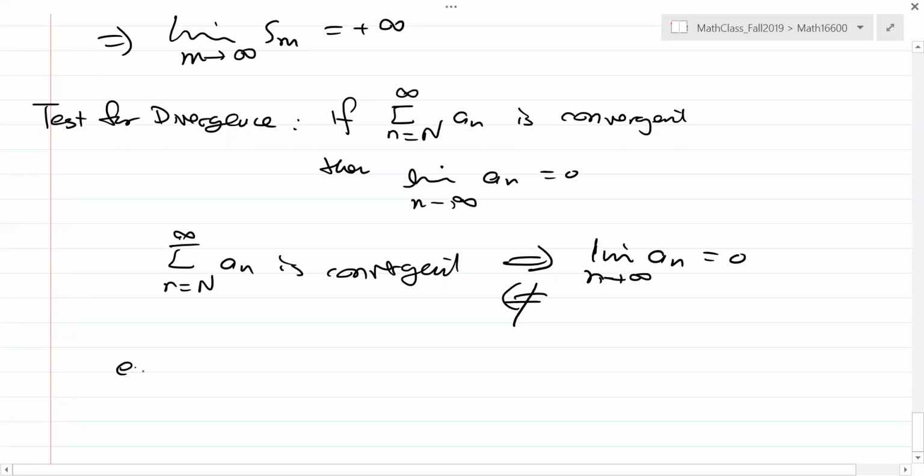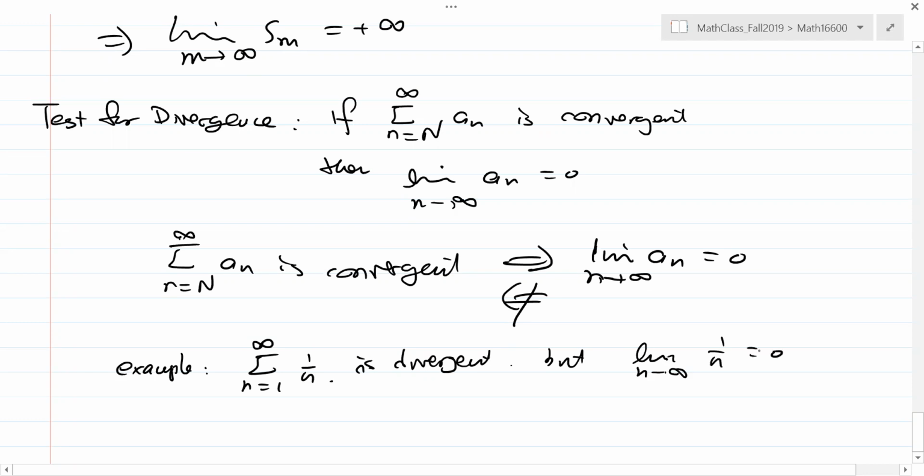Okay, example: sigma n from 1 to infinity of 1 over n, right? This is divergent, but the limit as n approaches infinity of 1 over n is still 0. So when the nth term approaches 0, you can't say the series is convergent, the converse is not true. Okay.